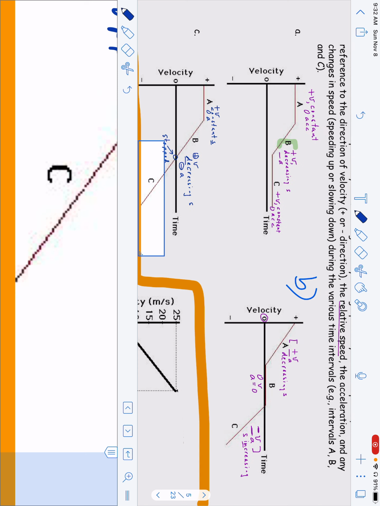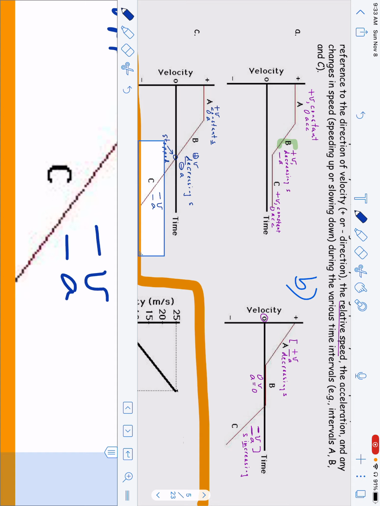Then in C, we got what? We got negative velocity because it's below the x-axis on V versus T. We got negative acceleration because the slope is downhill. Slope on a V versus T graph is acceleration.